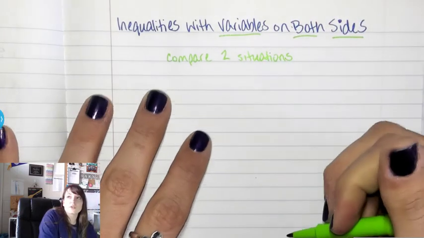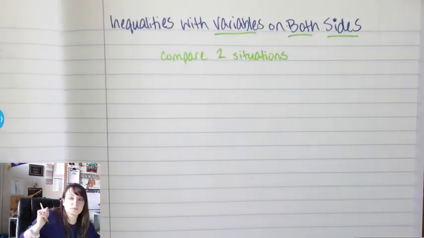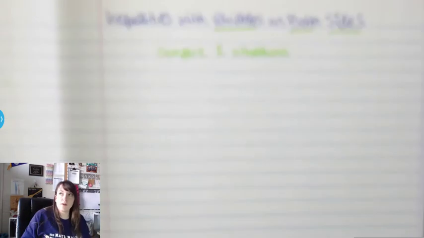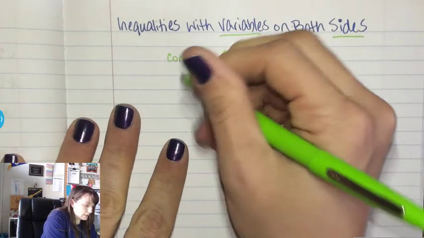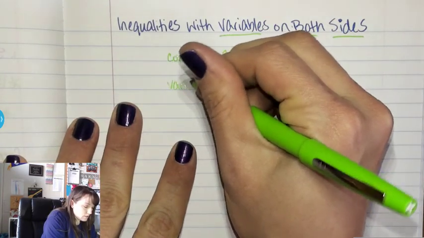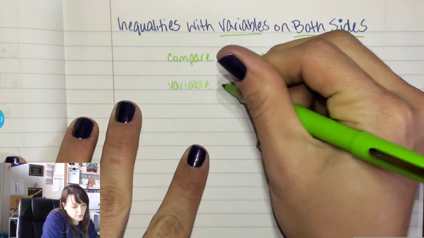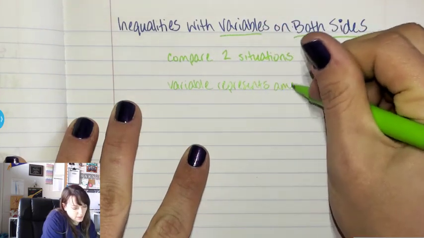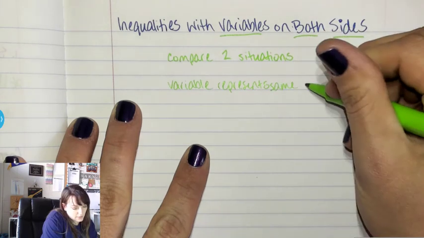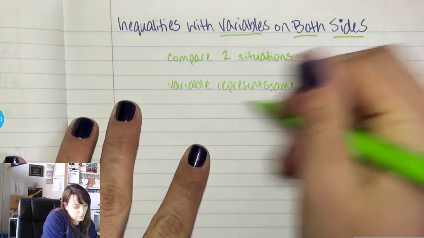The variable has to represent the same thing on both sides.